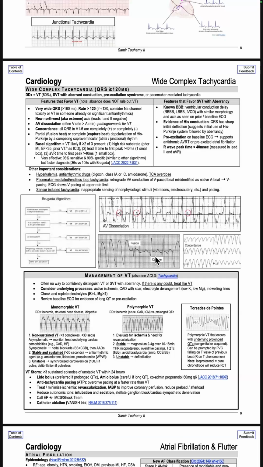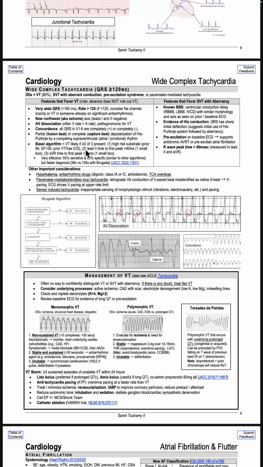Other positive criteria is the Basel algorithm, which states that if greater than or equal to 2 criteria out of 3 are present, then it's most likely VT. The first criteria is high-risk substrate. So if there's any prior MI, any heart failure with reduced ejection fraction, less than 35%, prior VT or ICD, implantable cardioverter defibrillator.